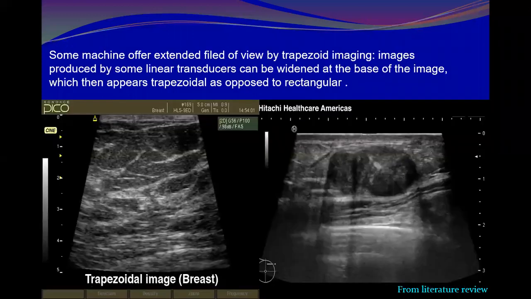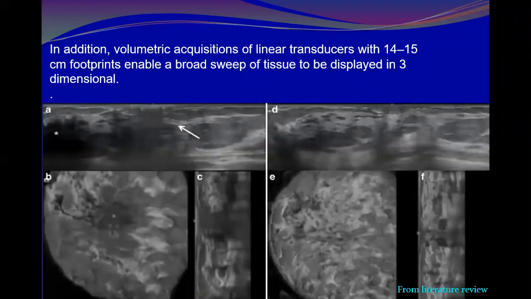So these are 3 ways of extended field of view, and most ultrasound machines have the facility of all 3 or some of them. But currently, the 3D with a 14 to 15 centimeter footprint enables a broad sweep of tissue displayed in 3-dimensional ultrasound.